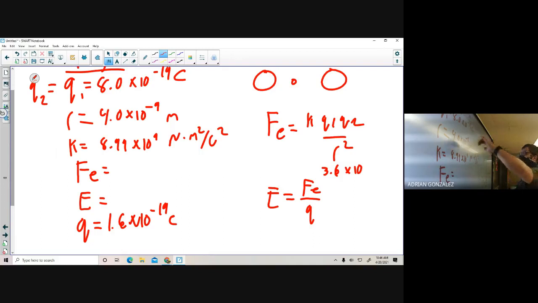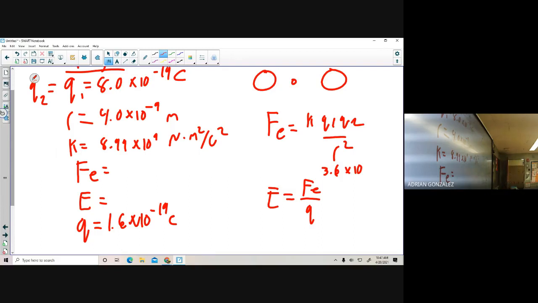It's going to be negative 19 and negative 19 on top, so that's going to be to the negative 38. And 3.6 is fine, right? And then the bottom, it's going to be negative 9 squared, so negative 9 squared gives you negative 18. Yes? Right? So negative 38 minus negative 18 is going to give you negative 20, times the 9 and the 10, so that sounds about right.